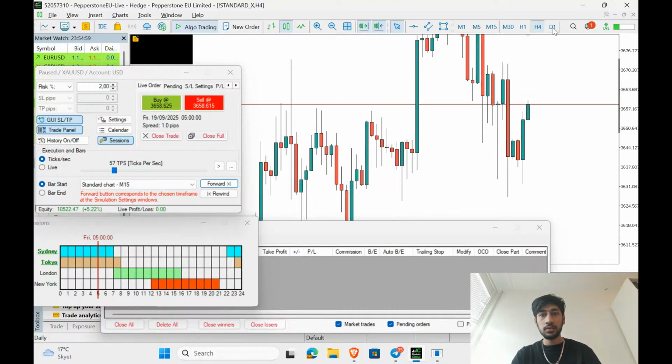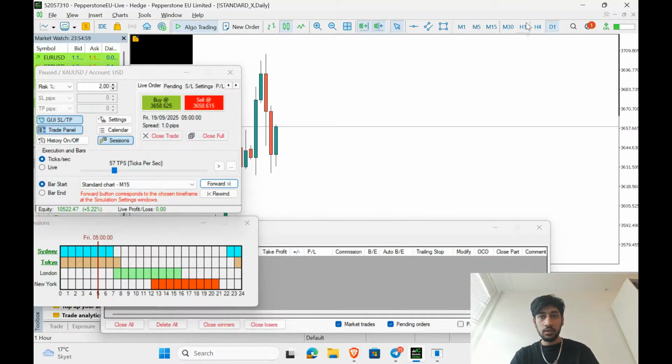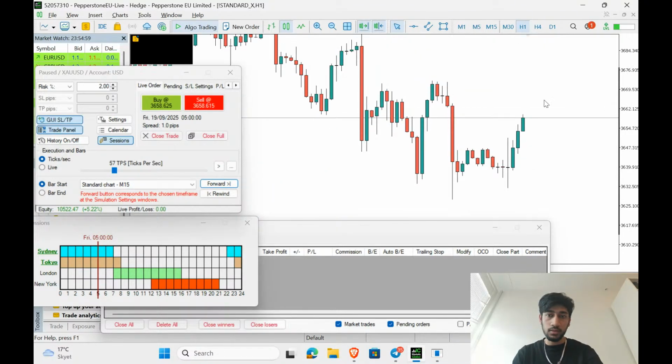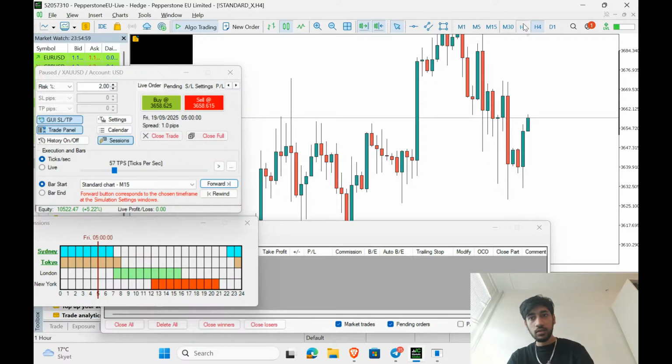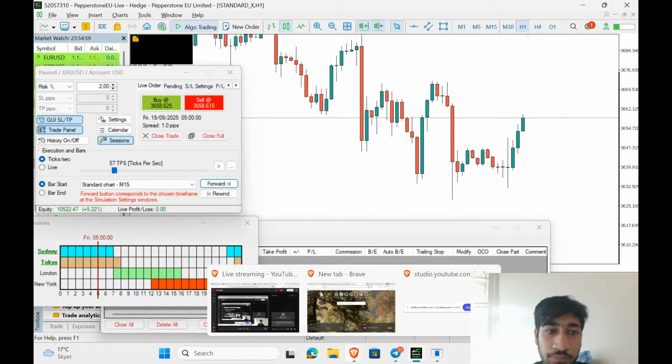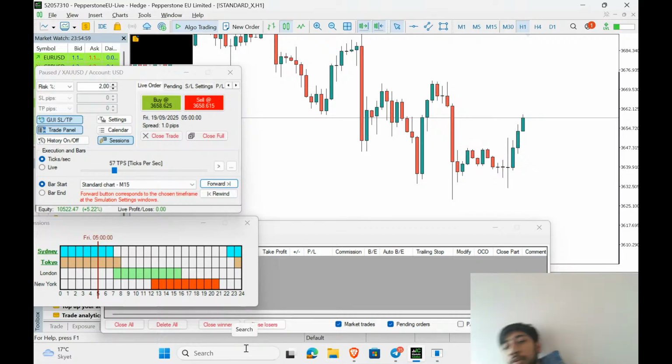H4 daily, which is moving up. On H4 we formed support. We are near resistance. We don't know whether this H4 will go bullish or bearish, so we gotta look at a smaller time frame. This is Friday, the last day of the week.